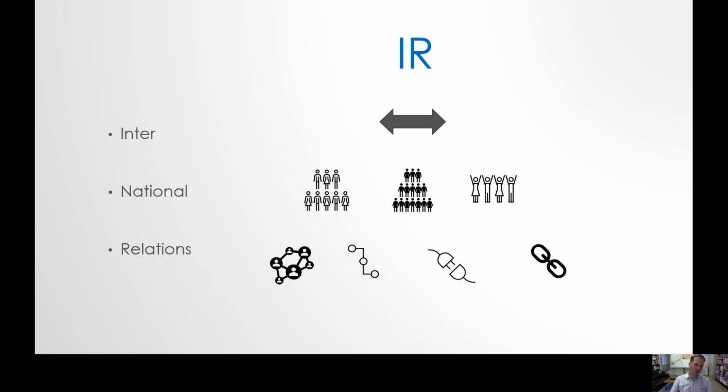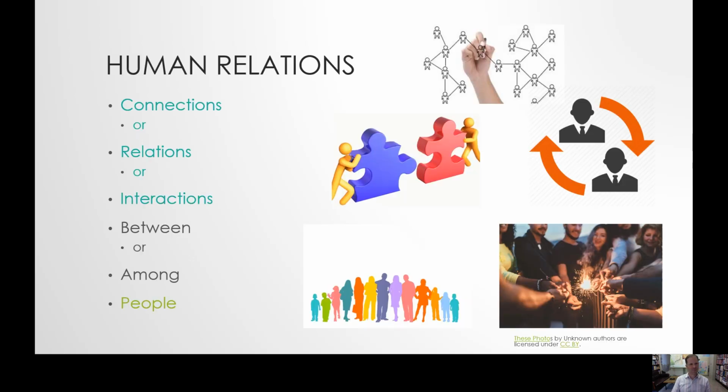So we can say, of course, the meaning of inter is between or among. And national, of course, is nation or group. And relations means some kind of connection or some interaction.